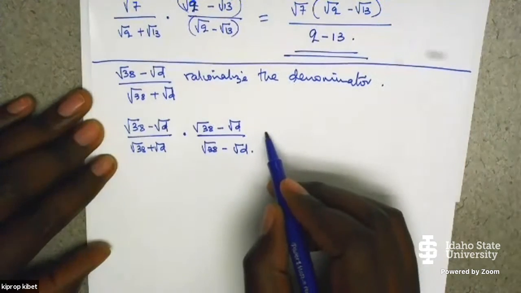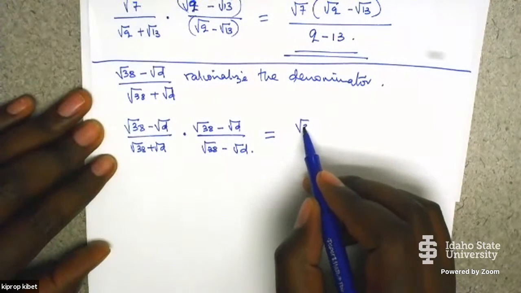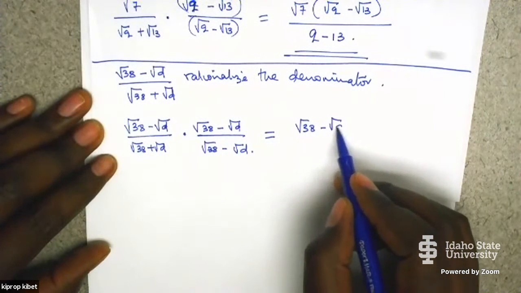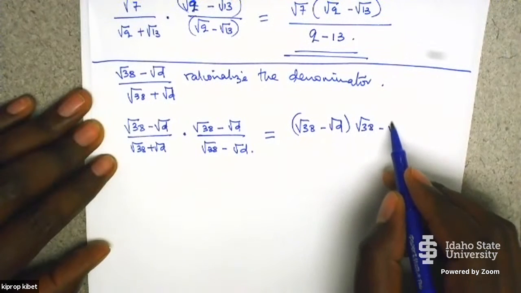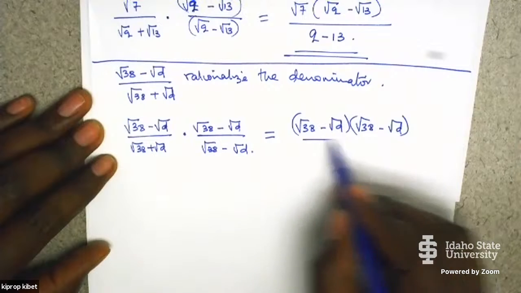And finally this is equal to the root of 38 minus the root of d, the root of 38 minus the root of d all over 1.